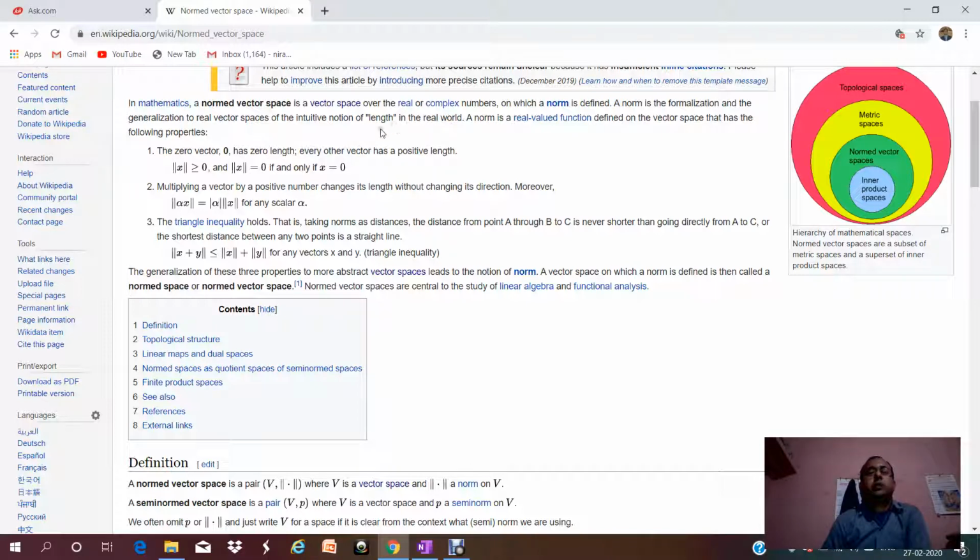Norm is one kind of length. These three properties must be defined on any vector space through a norm. Then the vector space is called a normed vector space.